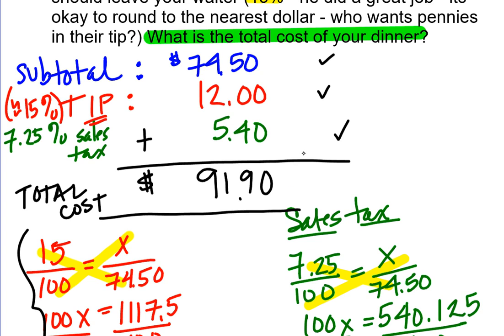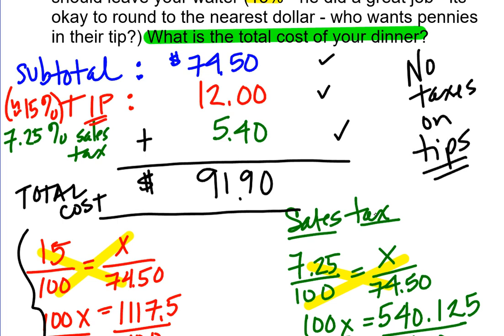It's really important to know that there are no taxes on tips. So you want to always do them separately like I just did. You can't say, hey, let's find out what the tip is and put it on that and then tax that. We don't tax tips. So that's a real important concept to remember. You have to do them separately, but then when you're done, add them all together. Hopefully this helps you to understand a little bit about sales tax and total cost.